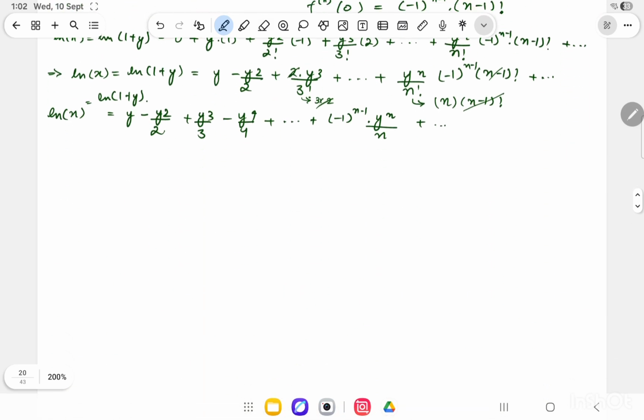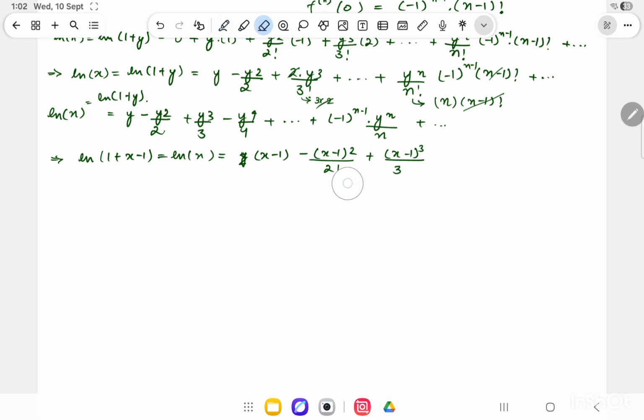So if I put in the value of y, I'll get ln(1 plus x minus 1), which is equal to ln x, and this is equal to (x minus 1) minus (x minus 1) squared divided by 2 plus (x minus 1) cubed divided by 3, minus (x minus 1) raised to 4 by 4, and so on, divided by n.